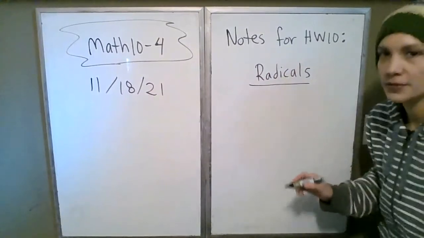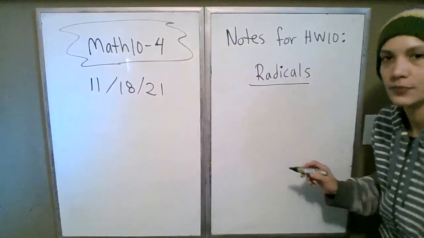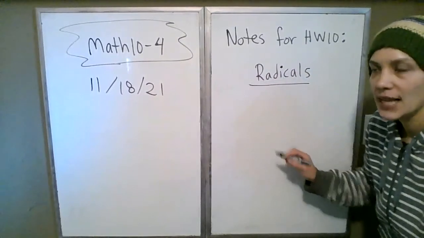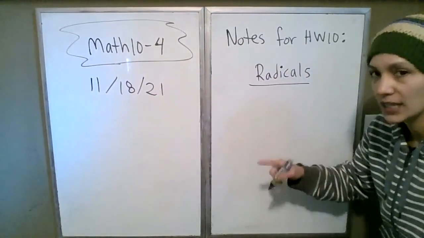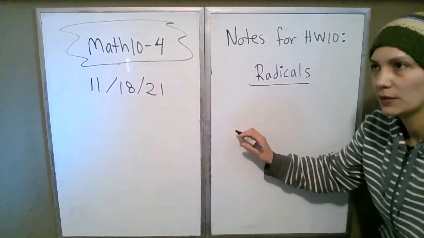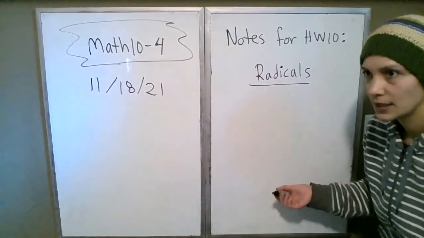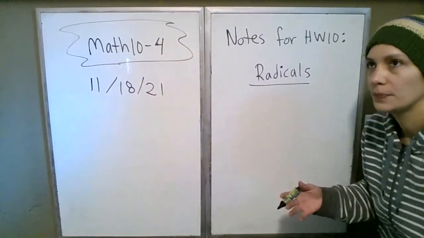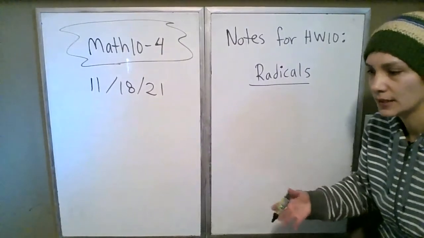Okay, so the topic for this homework is radicals. Last class, I think we talked about x with the power 1 over n. Now we're going to talk about x with the power m over n. It's just the same idea, but expanded.